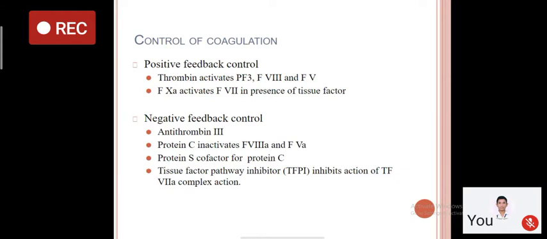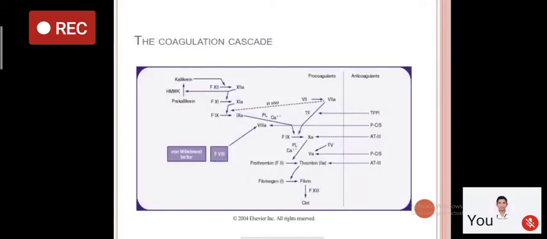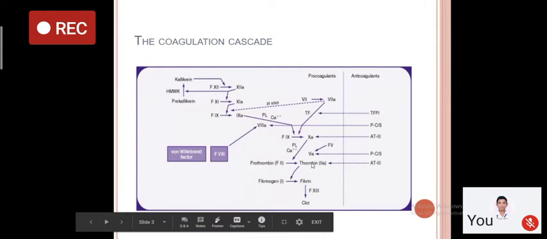So thrombin activates platelet factor 3, factor 8 and factor 5, and factor 10 activates factor 8 in absence of tissue factor. This can be seen from this table also, that once thrombin is activated, it activates many other proteins including factor 10 and factor 5.